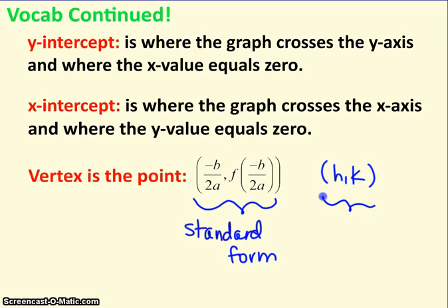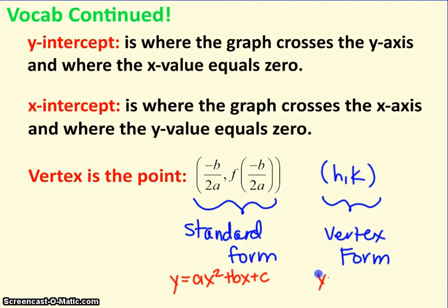You will use h comma k when it's in vertex form. Remember that standard form is y equals ax squared plus bx plus c, and the vertex form is y equals a times (x minus h) squared plus k.